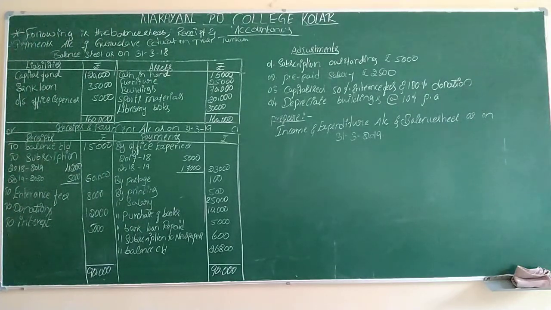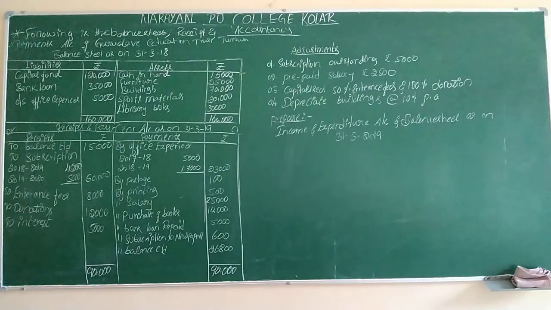Let's come to the adjustments. Adjustment number 1 says subscription outstanding. I already informed that outstanding subscription will always come to the incomes, so we should add it to the income, and again show it on the asset side of the balance sheet.